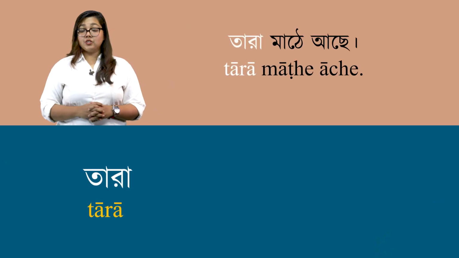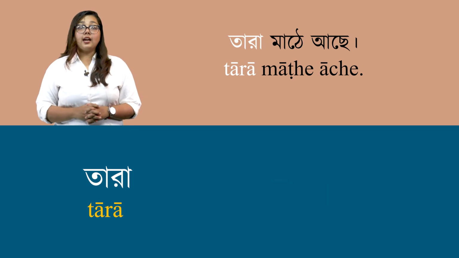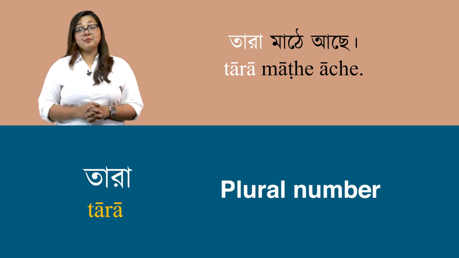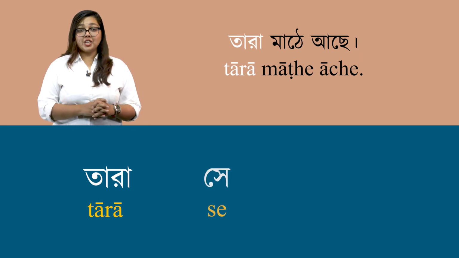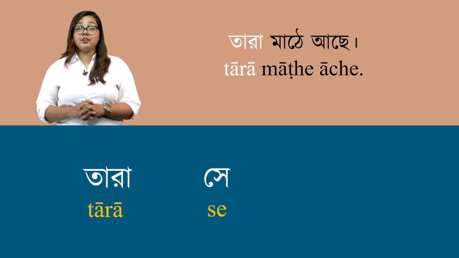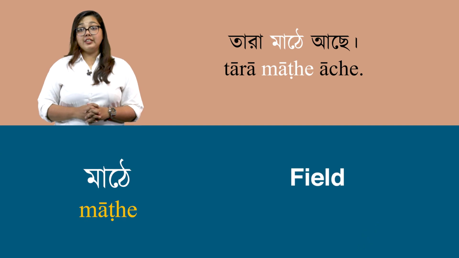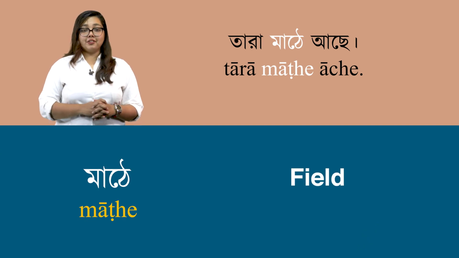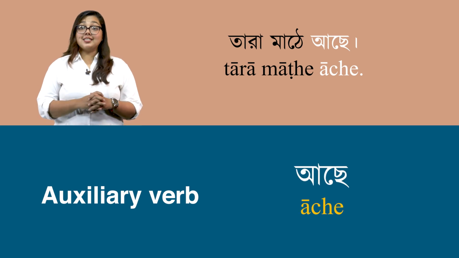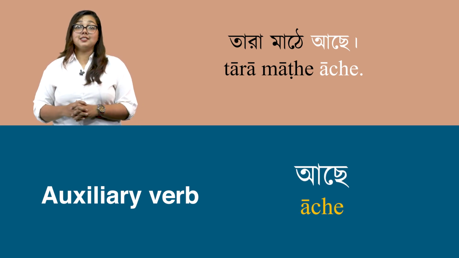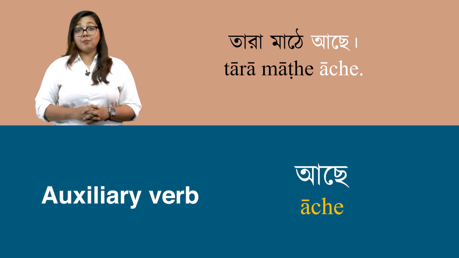Again observe the pronoun Tara, which means they. Tara is in plural number. The singular form of Tara is se, used for referring to he or she. We learned a new word here, mathe, means field, here referring to a playground. The auxiliary verb ache is again person sensitive but not sensitive to the number.